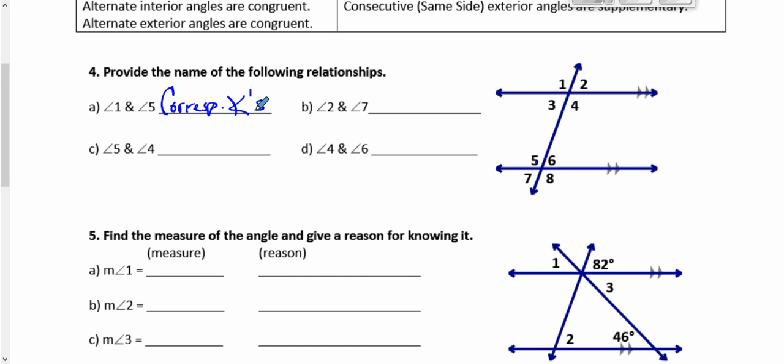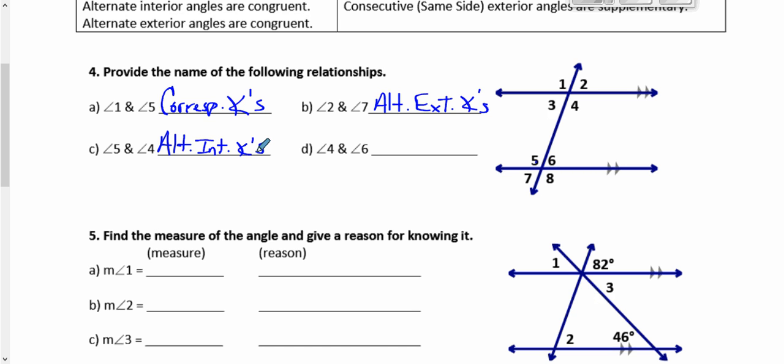How about 2 and 7? Opposite sides, so alternate on the exterior. Good. So we can abbreviate alt ext angles. Okay? How about 5 and 4? Alternate interior. There we go. Alt int, you can abbreviate if you like.